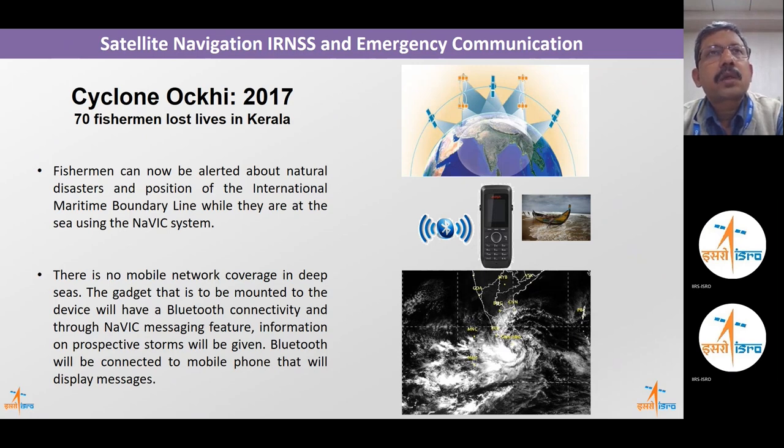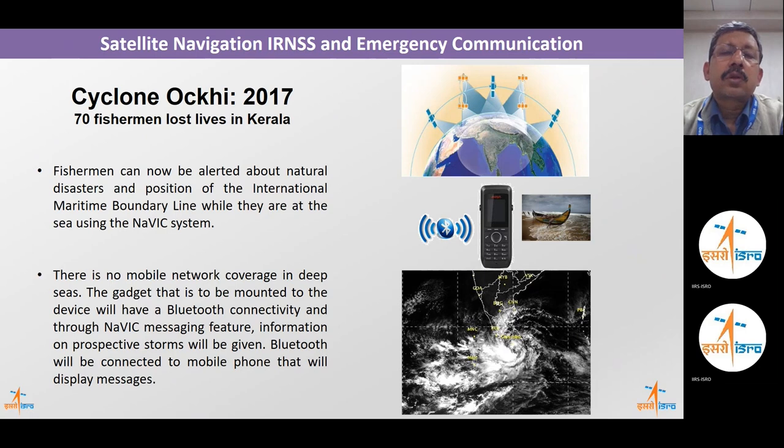Once a fisherman goes out into the sea, there's no way you can communicate with him, except perhaps with a satellite phone. But most fishermen are not rich enough to afford one. And they do not come back the same day; they sometimes go out on the sea for more than 10 to 15 days.